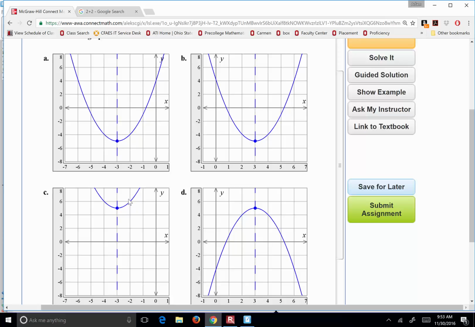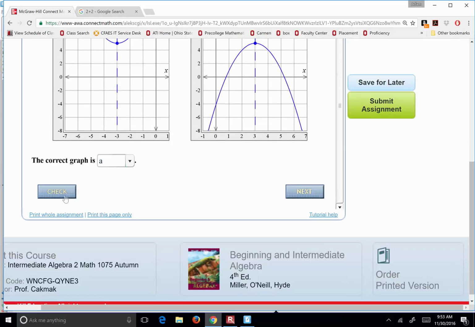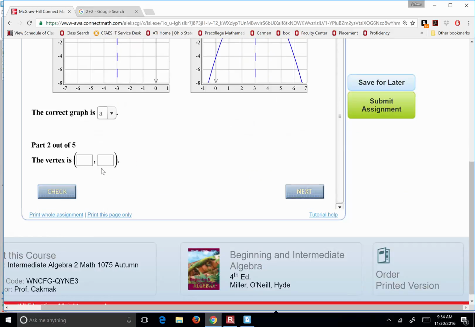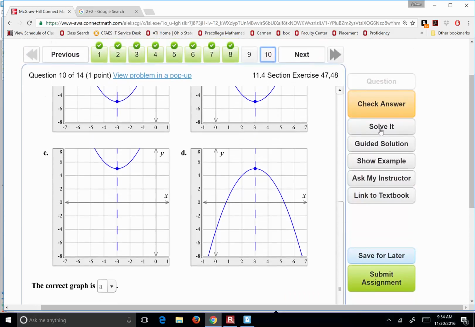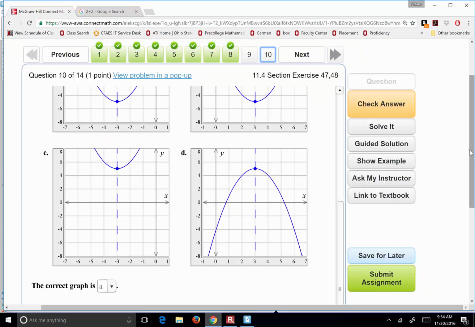No, not up. Should be A. So we pick first the right picture. That's A. What is next? Vertex. Where is the seed? Seed location. Vertex is seed. It is -3 and -5. We actually found it here. -3, -5.